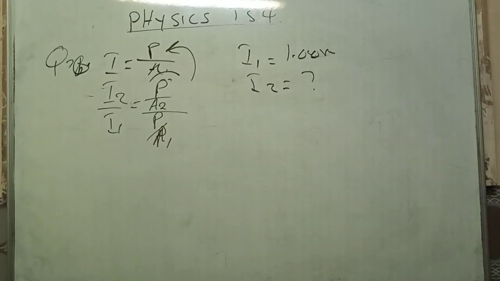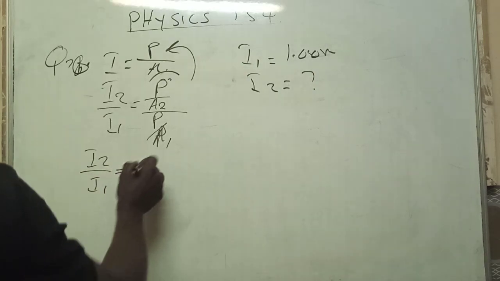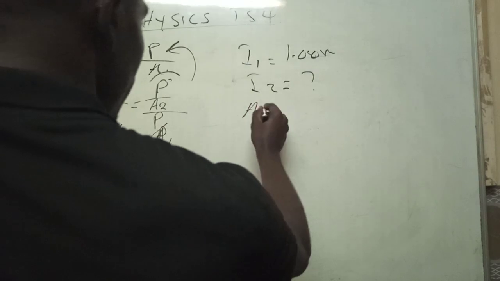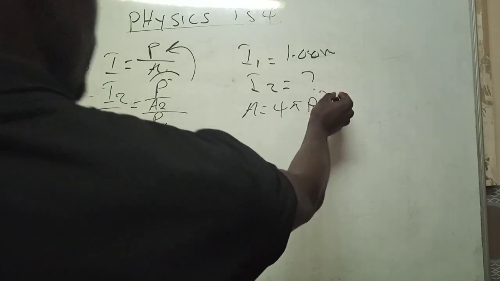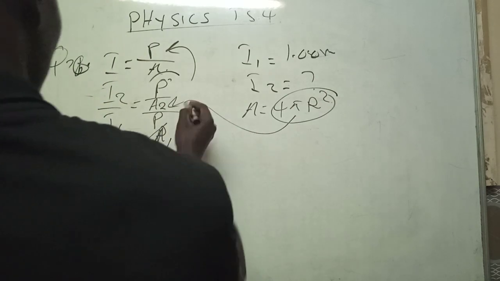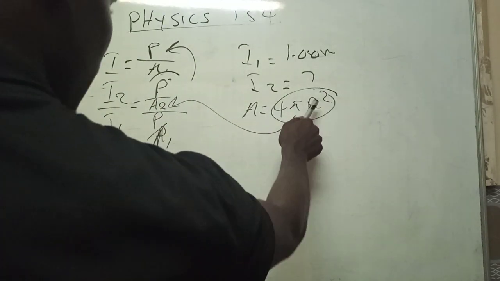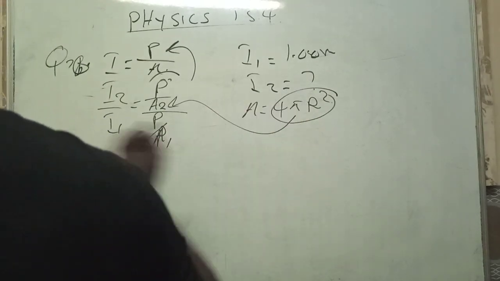If we are talking about a sphere, the area is 4 pi r squared. So I'm going to replace area on both sides. Since this is area 2, I'm going to represent r as r2. When I come to area 1, I'm going to represent r as r1.